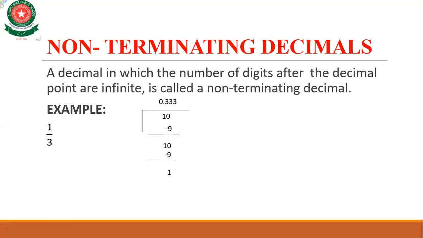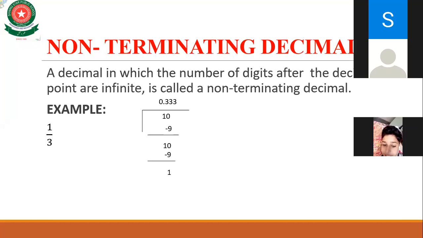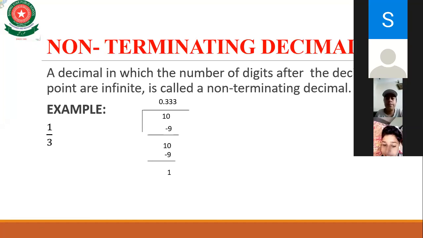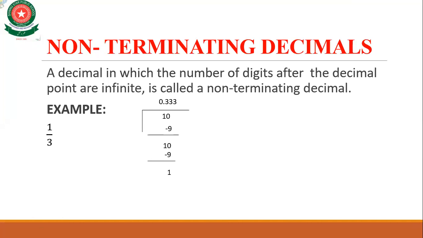Now we multiply 3 with 3 to get 9. The remainder is 1. Again, we put 0 and multiply 3 with 3, and again there is 9. So you can see that this division cannot be completed and we have infinite decimals.